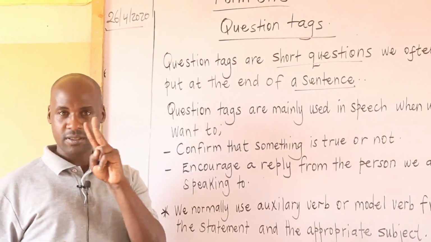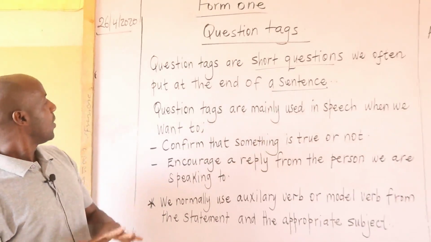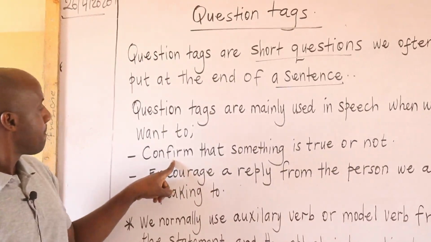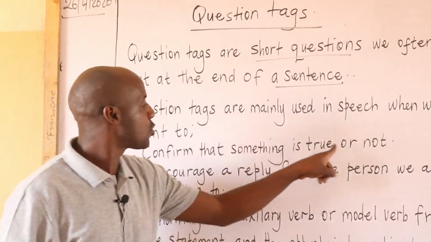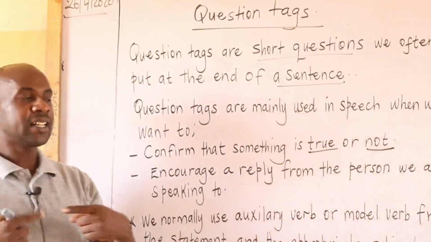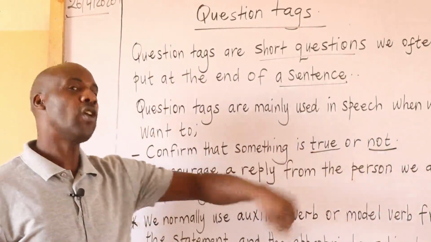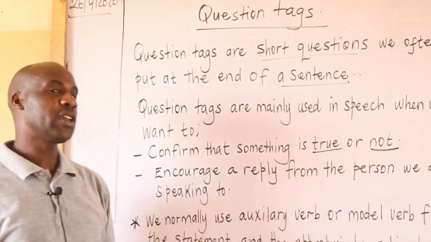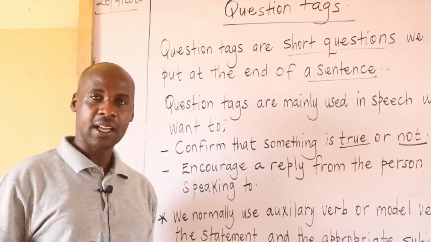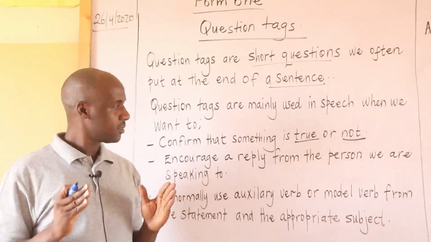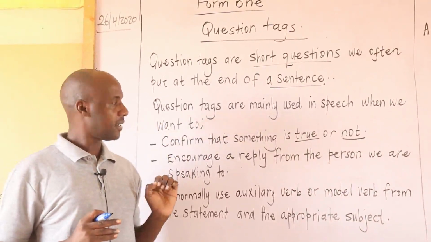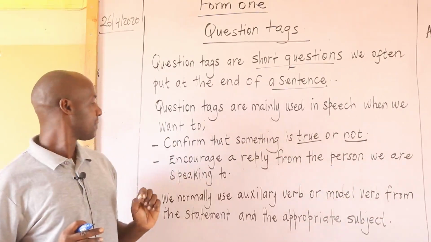There are two reasons. One, we put question tags to confirm that something is true or not. Confirm that something is true or not true. So if you say something, or if somebody tells you something and you want to be sure, you put a question tag at the end of your statement.